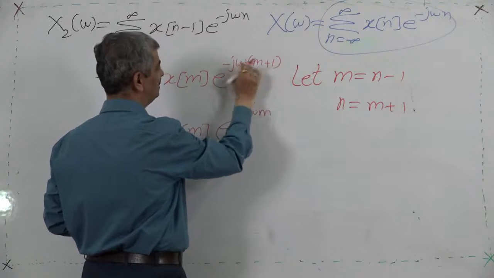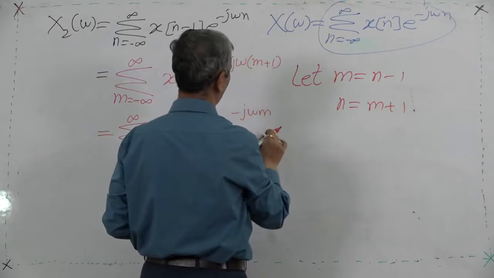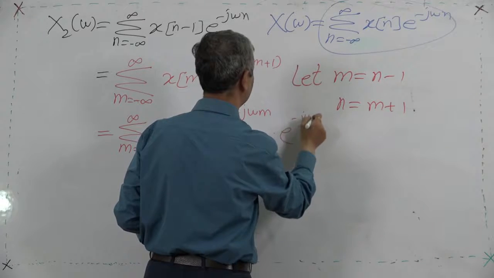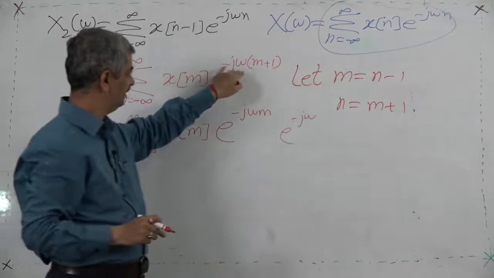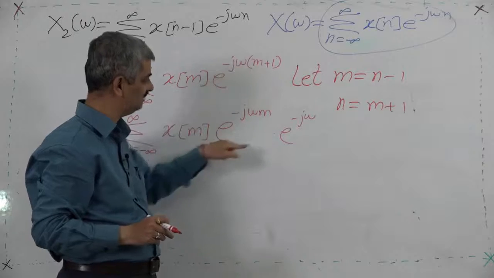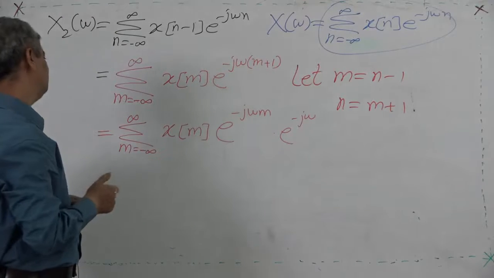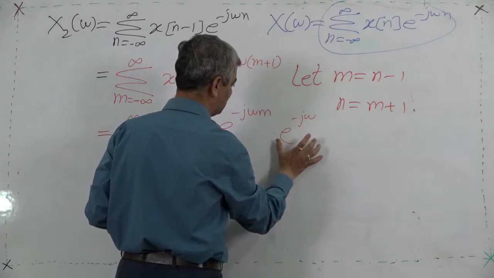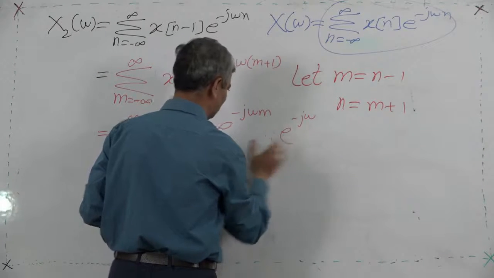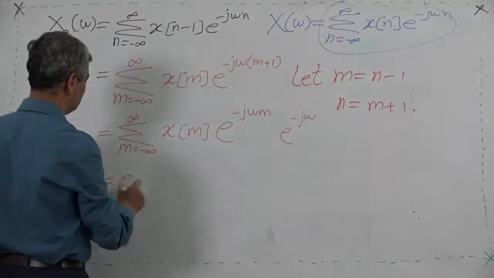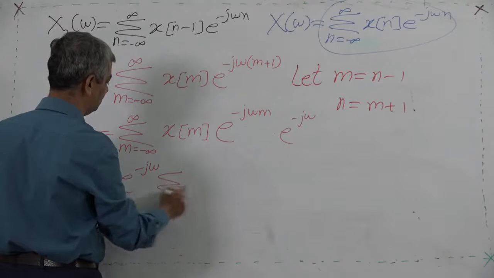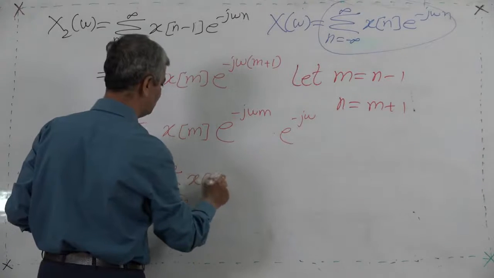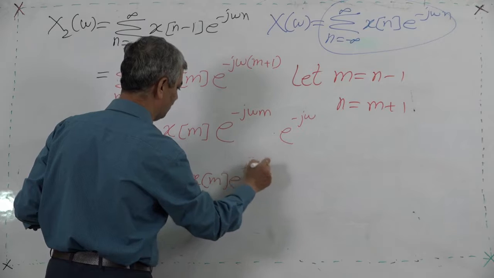So, I can write it as e raised to minus j omega, because addition in the exponent is multiplication, right? It is very easy. Does this e raised to minus j omega contain any term related to m? It does not. So, this I can take outside. That is equal to e raised to minus j omega into the bracket, m equal to minus infinity to infinity x[m] e raised to minus j omega m.